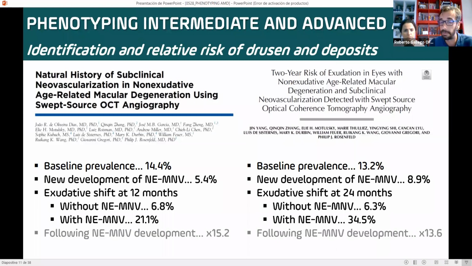So we should be careful. And following non-exudative macular neovascularization in patients with intermediate AMD gives an individual risk, just by this, of a 15-fold increase of exudation compared with those patients who do not develop this kind of situation.